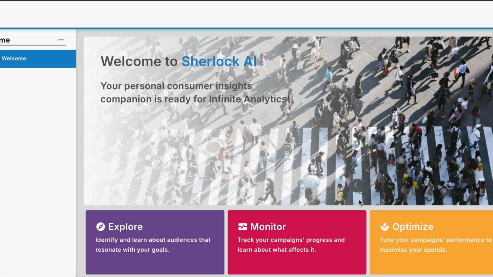What we are able to do in Sherlock is use the multiple data sets that we have, whether it's the point of interest data set or the device information, which comes from multiple devices across our various data partners on a non-PII level.